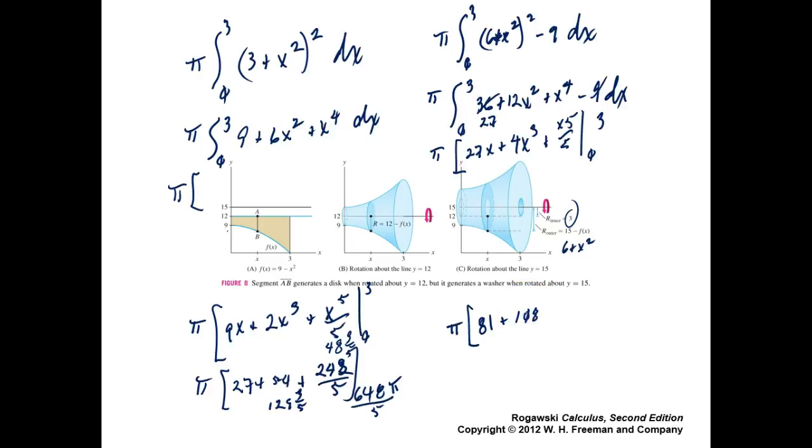Okay. And then 3 to the fifth is what? 243 fifths, which is exactly what we had over here, 243 fifths, which we had as 48 and 3/5, I believe it was. 48 and 3/5.